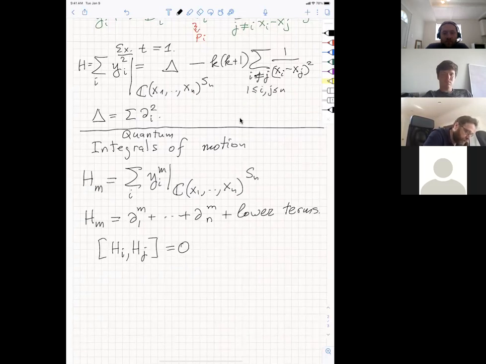And of course, H2 is just H, and H1 is just the translation, the sum of d. And so this means that this is a quantum integrable system.